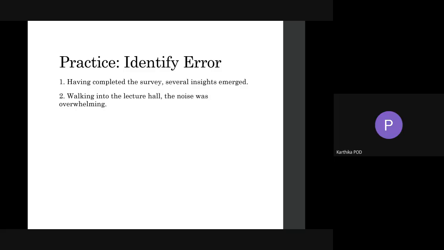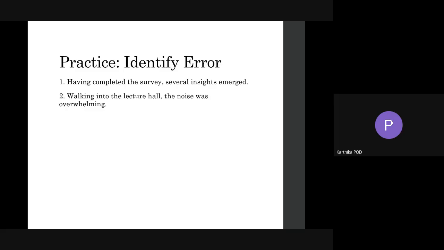For whom? The subject clause would be "I found the noise was overwhelming." It is I or we or he. When you say "students' noise," right, it doesn't change anything. You're just adding another word in front of the noise, but subject is not added.